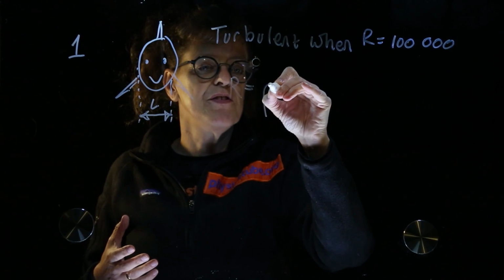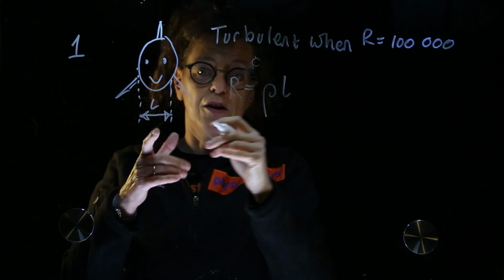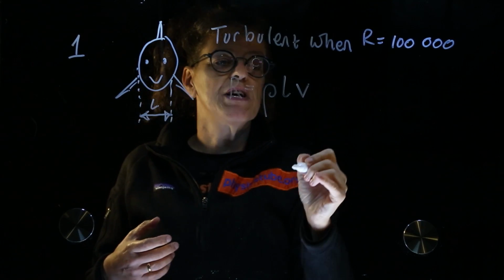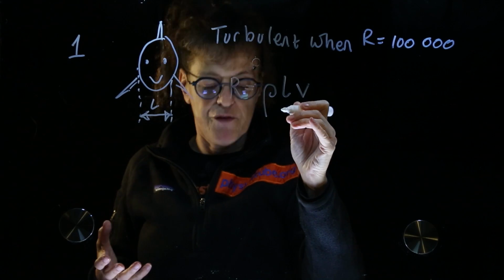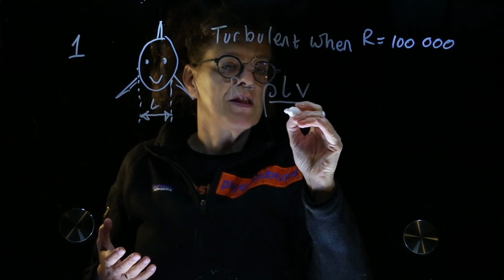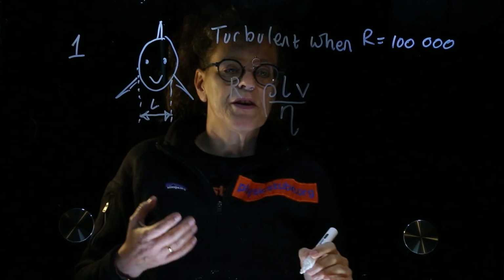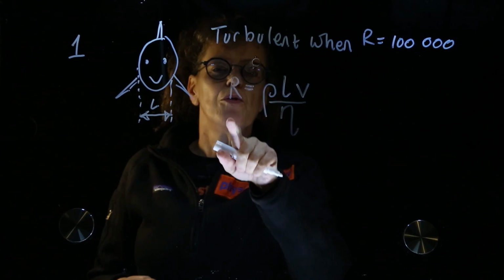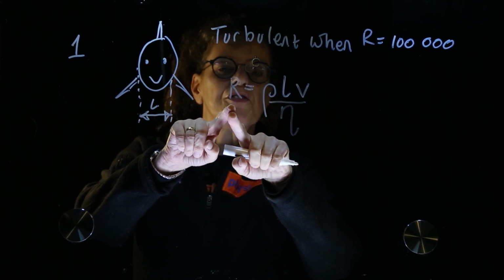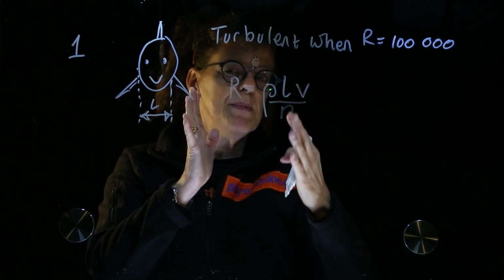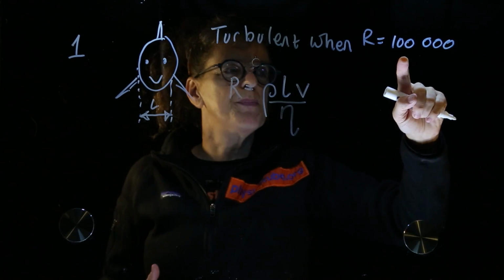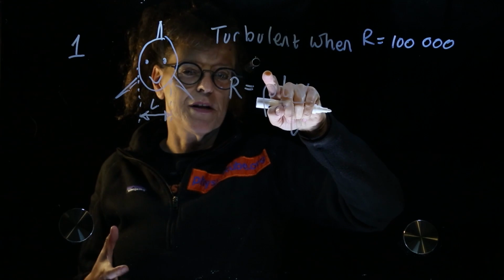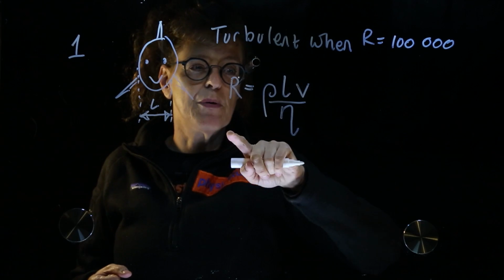R equals the density of the fluid, times this obstacle length of the fish, times the velocity it's swimming at, which is what we're trying to find, divided by the viscosity of the fluid that it's swimming in, usually given the symbol eta. We've got a value for the Reynolds number because we're interested in this limit case where it starts to become turbulent. We know the density of water. That's one of those nice geek facts that you ought to remember.